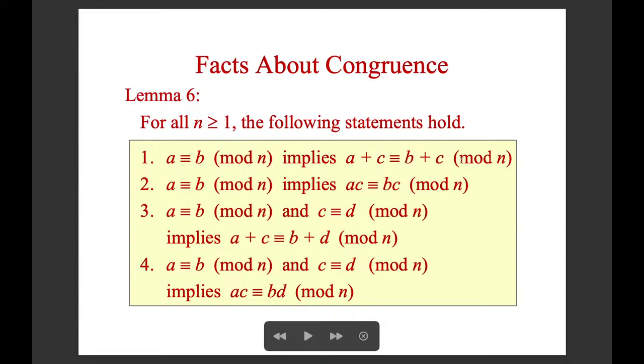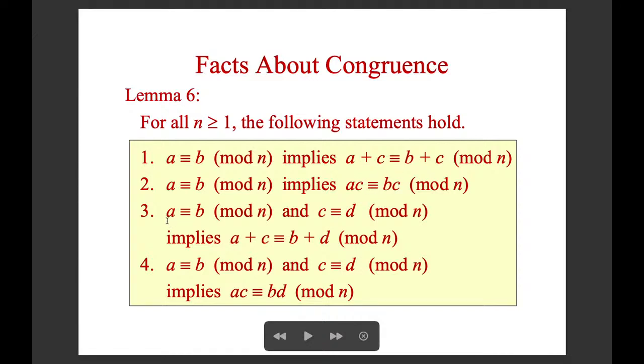So addition is allowed. The next one is, suppose that I know that A and B are congruent. Then by multiplying both sides by the same integer, let's say C, they still remain congruent. So it is just like the equal sign in arithmetic. So multiplication is also allowed.